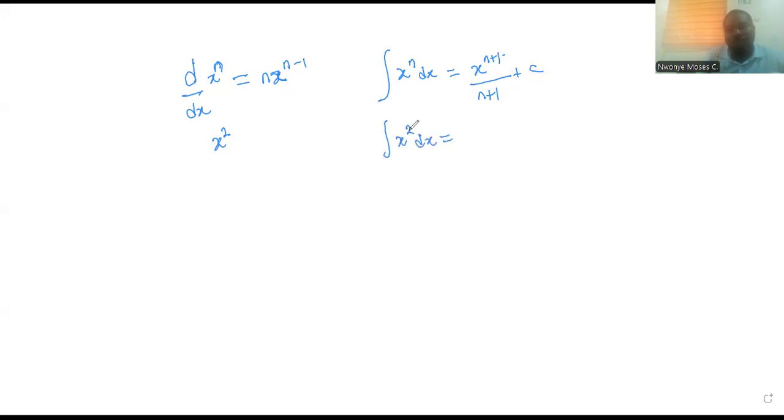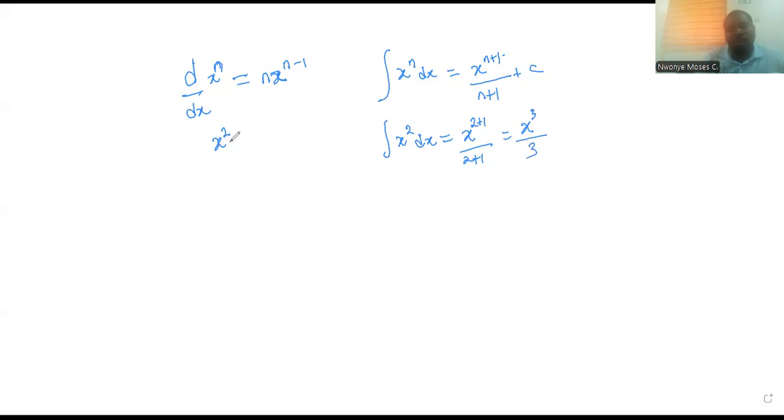This is going to give us the function, add 1 to the power, and divide by 2 plus 1. So this is going to be x raised to power 3, divided by 3.